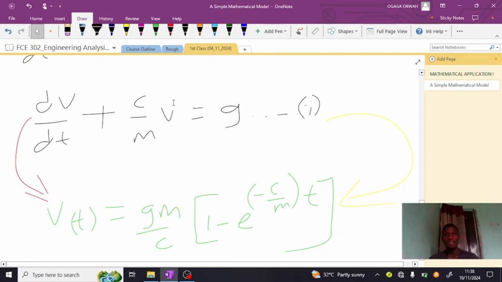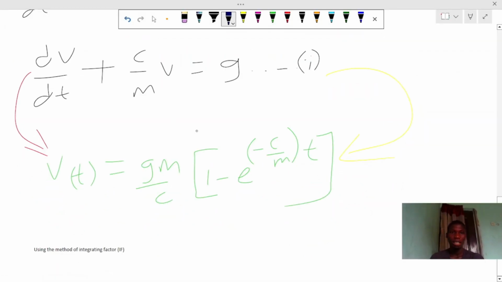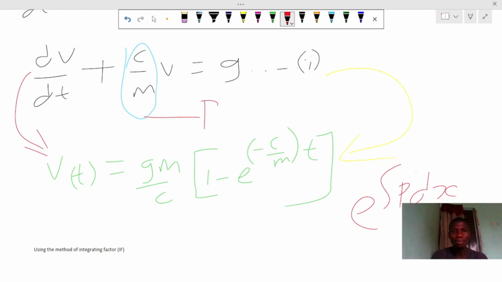Now, in the method of integrating factor, this part is considered as P, and our integrating factor comes in the form of exponential integral P dx. So our integrating factor comes in this form, and this part is regarded as P.